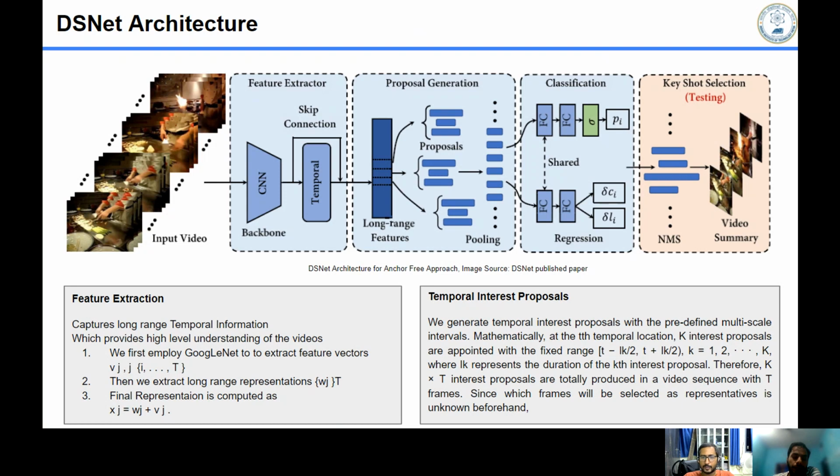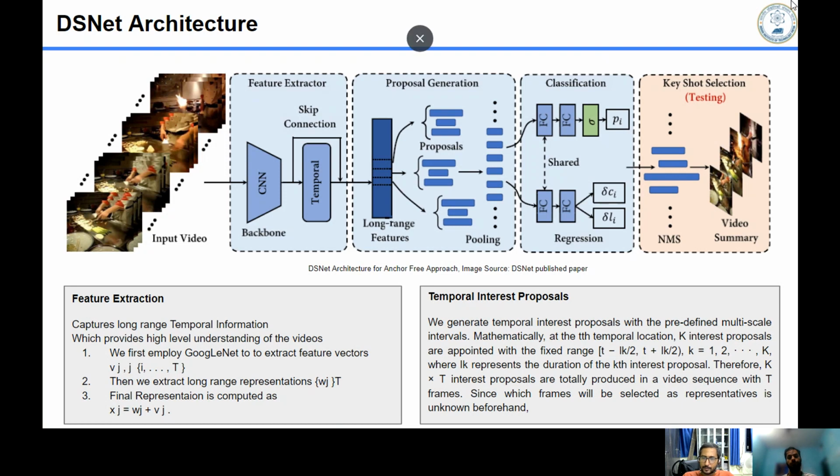In the temporal interest proposals, we take the different groups of the videos and channelize them according to their temporal scores to the different locations.